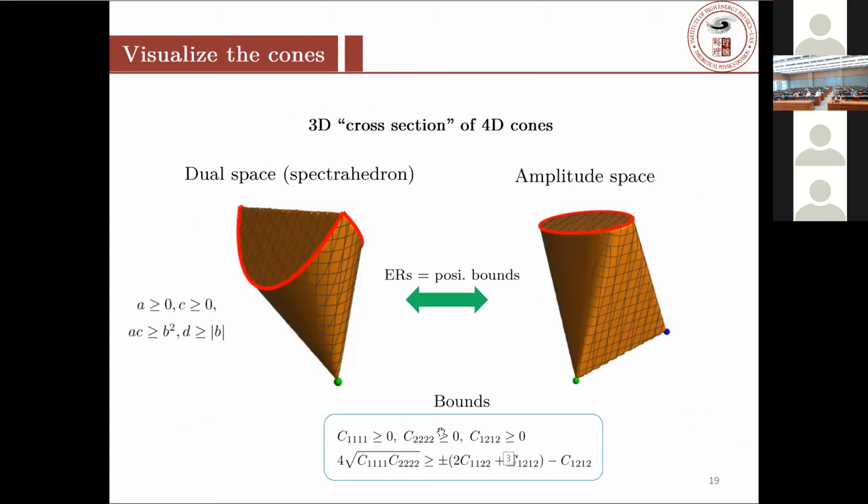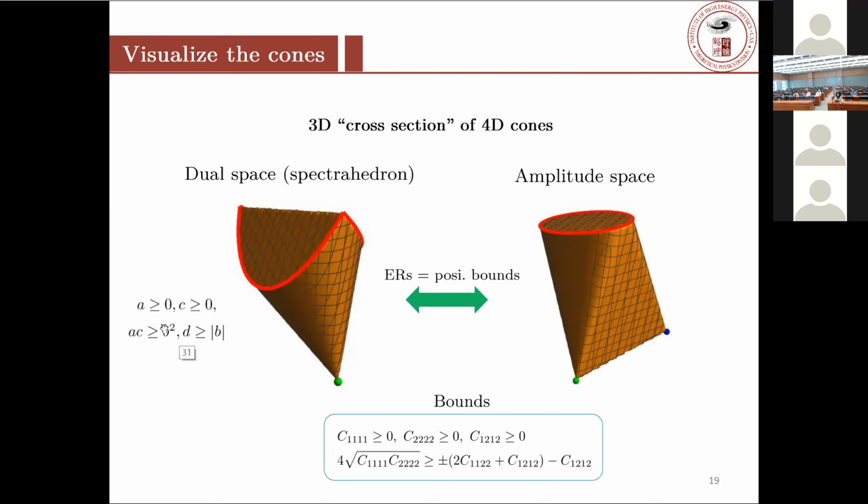To understand these bounds better, we can visualize the cone of the dual space and the amplitude space. Both of them are 4-dimensional objects, so we are able to display their 3-dimensional cross sections. The coordinates of the dual space are A, B, C, and D. This region shows that the spectral hadron looks like this cone. And the bounds show that the amplitude coefficient space is this cone.